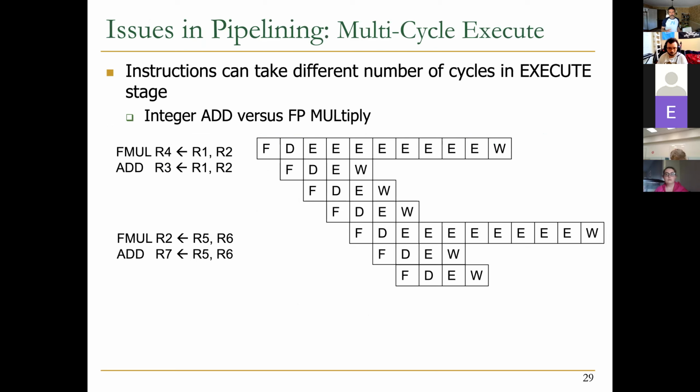For example, this is one type of program that you see. If we put it into the pipeline, the first one is floating point multiplication, R1 and R2 into R4, and then we have an add, which takes 1 cycle for execution, in total 4 cycles.